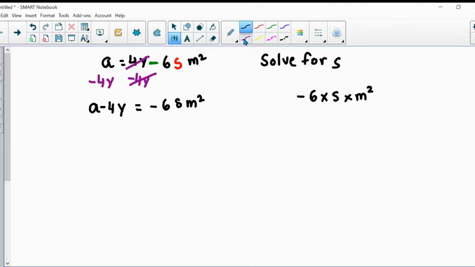So I want to get rid of minus 6 and m square. So I divide both sides by minus 6m square.